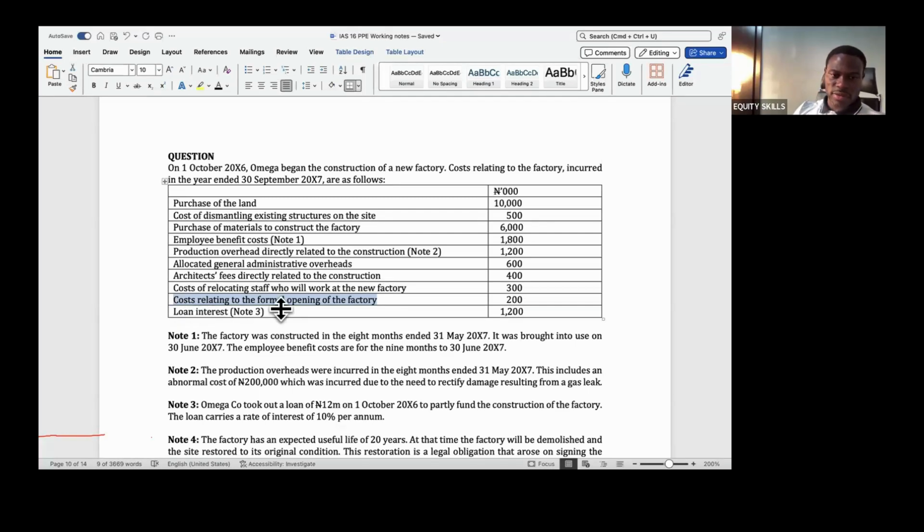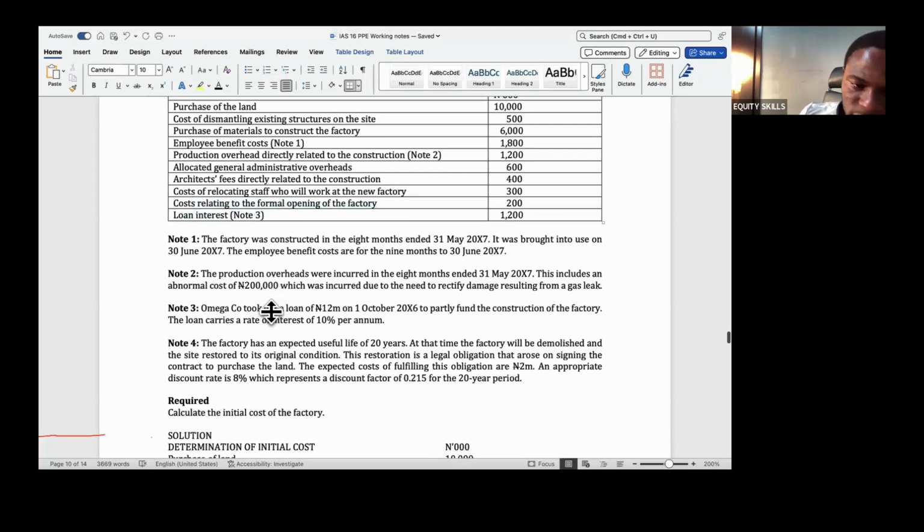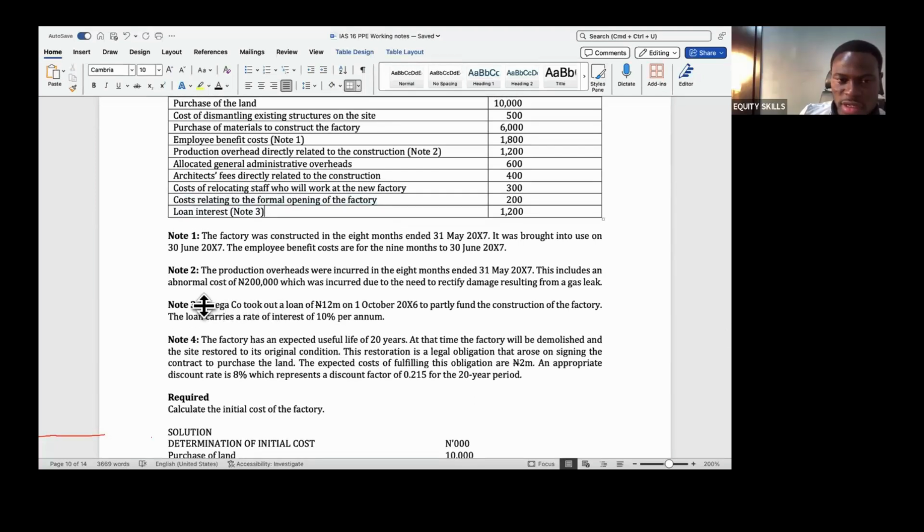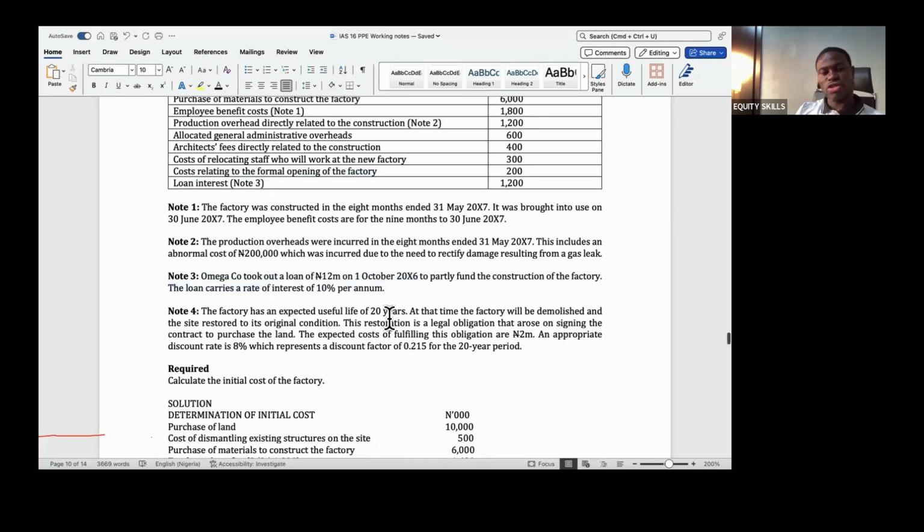What about loan interest? They give us a note on that. Omega took a loan of 12 million on 1st October to partly fund the construction of the factory. The loan carries a rate of interest of 10% per annum. Usually, for a qualifying asset like this one that you are constructing yourself, we capitalize the borrowing cost.